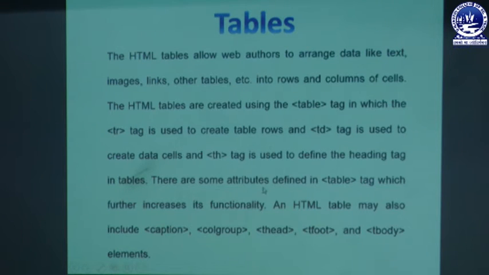There are some attributes defined in table tag which further increases its functionality. So an HTML table may also include caption tag, column group tag, thead tag, tfoot tag and tbody elements.